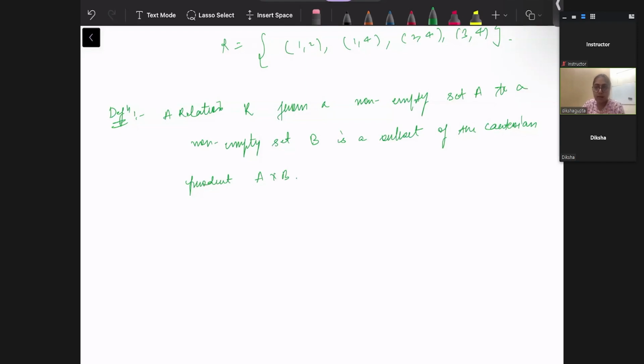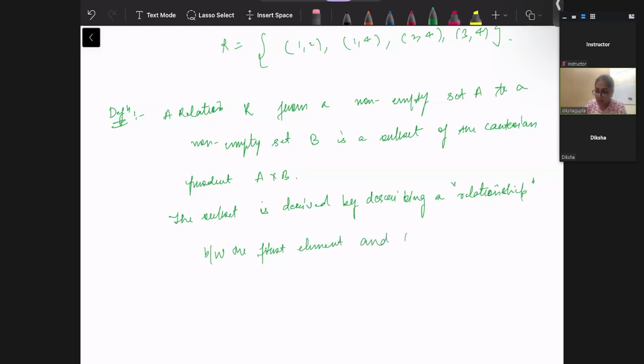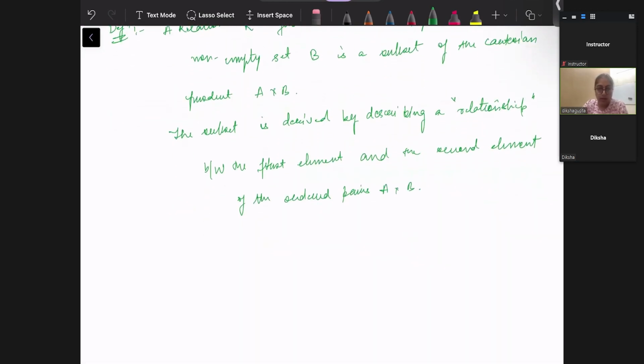And the subset is derived by describing a relationship between the first element and the second element of the ordered pairs of A cross B. Okay, all right.